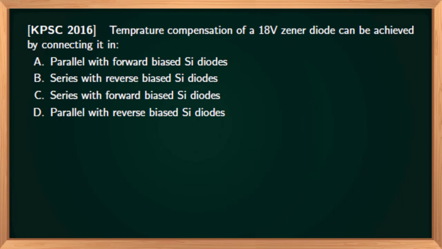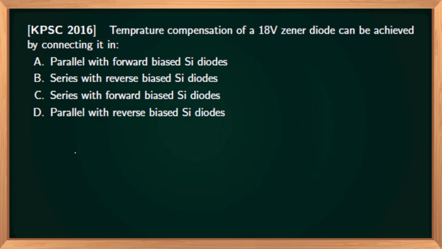Next question. Temperature compensation of an 18 volt Zener diode can be achieved by connecting it in. Zener diodes are used in regulator circuits, so they are connected in reverse bias condition. After breakdown, current through the Zener diode will be very large.